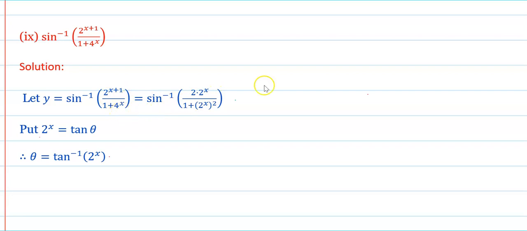And 4 raised to x can be written as 2 raised to 2 and raised to x, means again it can be written as 2 raised to x whole square. So this is the first part. Okay, and here we will take this substitution, that is 2 raised to x is equals to tan theta.